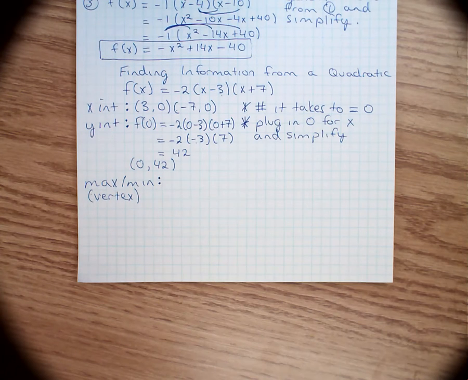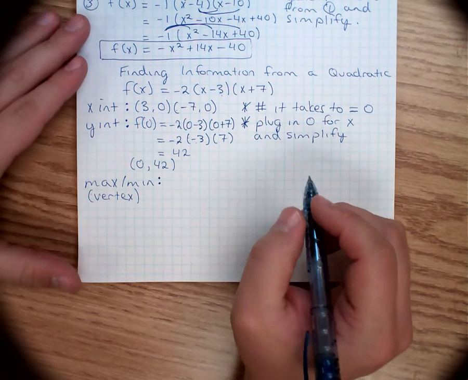How do I find that? Oh, don't plug in 42. Yeah, because that'll find where our axis of symmetry is, where the middle point is, okay?